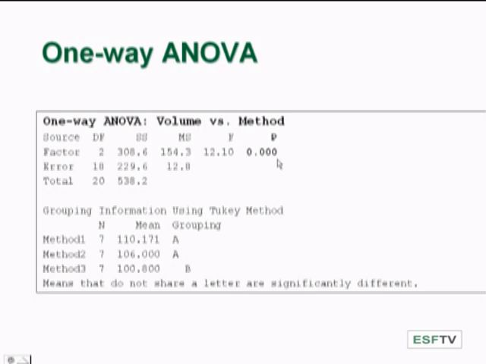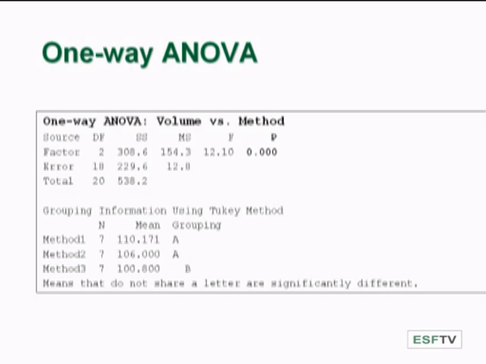Remember the decision rule. If the p-value is less than alpha, we're going to reject the null hypothesis. In this case, our p-value is very, very small. Minitab stops after 3 decimal places, so this p-value is probably something like 0.0001. The p-value is less than alpha, or 0.05.